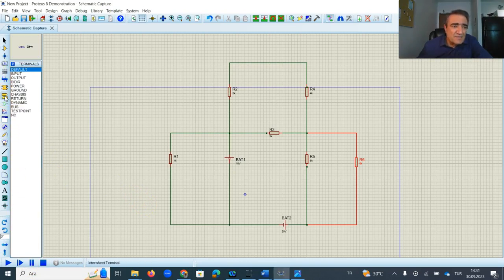Come here and check the ground here and make here. Okay, this is our ground. The connection is needed. This is our connection. Okay, we added ground, and you can find the ground item under this terminals mode.